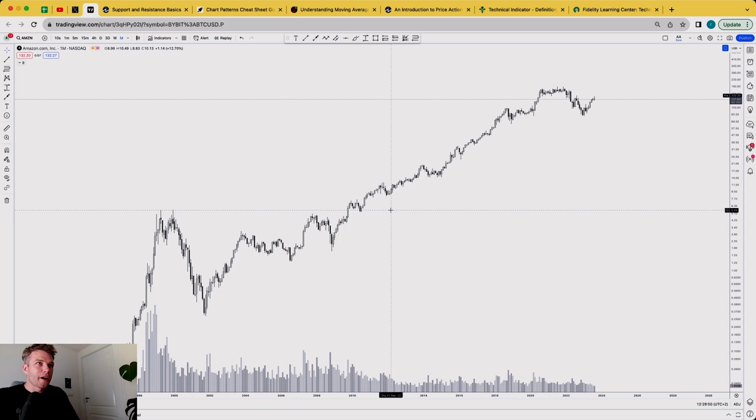Let's see if we can find something else. So here's the ascending triangle again, right? Just over here. I want to show you also that even though they're different assets, different markets, it's human behavior and it's supply and demand painting these pictures. And because it's human behavior in the background and emotion, as I said, very negative emotion, if you will, panic to the downside over here, and irrational exuberance perhaps at the top, right?